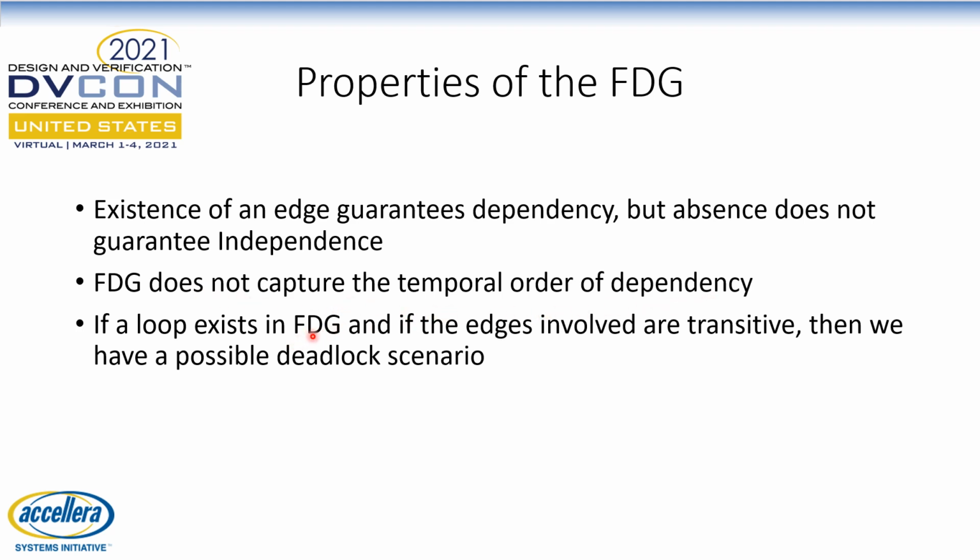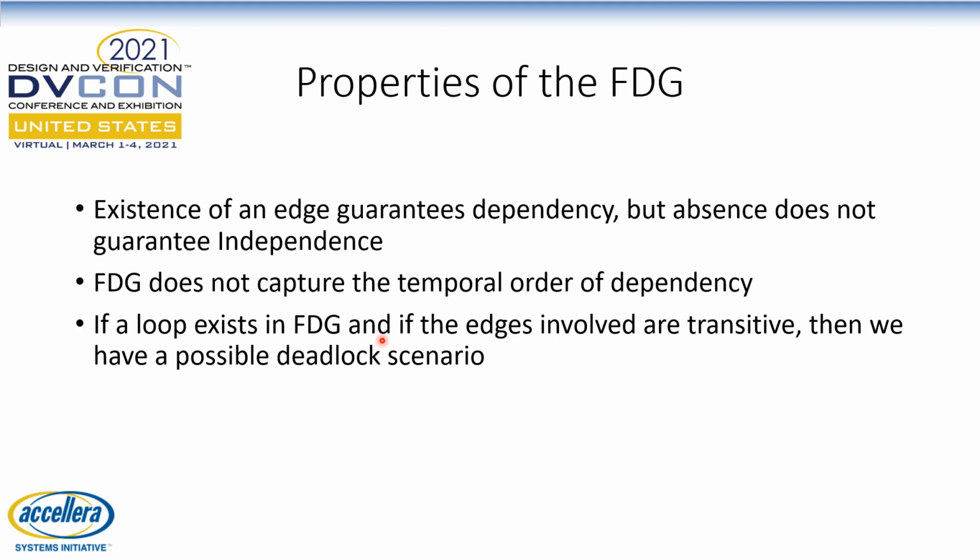And the third and the most important property is that if a loop exists in the FDG and the edges involved are transitive, then we have a possible deadlock scenario. It's worth noting here that a cycle in the FDG is a necessary but not a sufficient condition for deadlocks. The reason it's not sufficient is the edges of the FDGs are generated based off of separate tests.